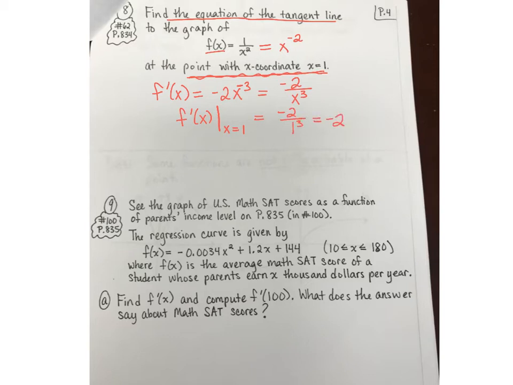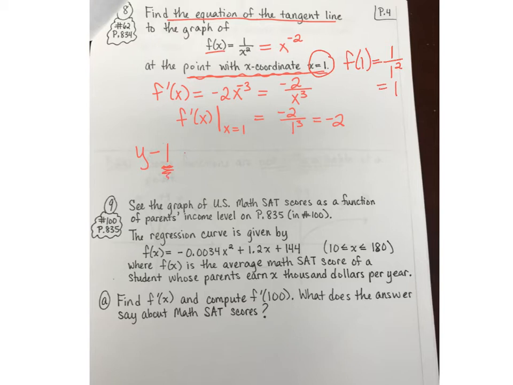So now we use point slope, we get y minus 1. Now, this 1 comes from the fact that we know x equals 1. We plug that into our function, f of 1, and we get 1 over 1 squared, which is just 1. So that's where this 1 came from.